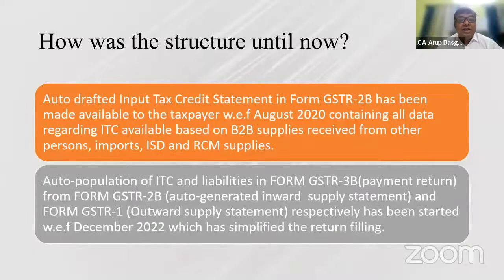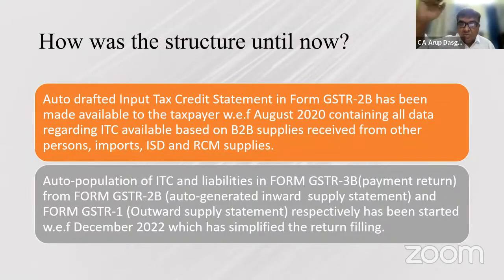So, how is the structure until now? Auto-drafted input tax credit statement 3B was available from August 2020, and auto-population of ITC and liabilities are shown in 3B. So, what was the original idea of GST 1, 2, and 3 in 2017? When we are sitting in 2022, what do we have with us?